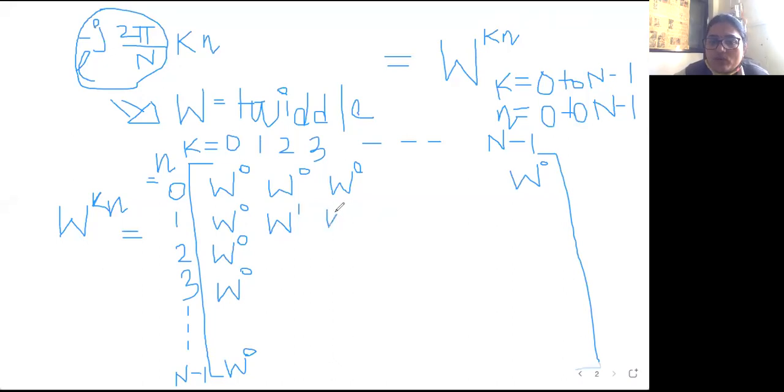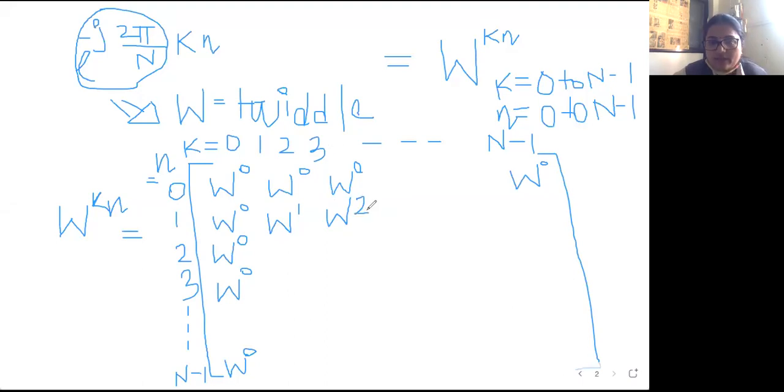Next value, tell me what will be the next value? n is 1, but what has k become now? k has become 2. We have come to the next column. The value of k is 2, so W raised to 2.